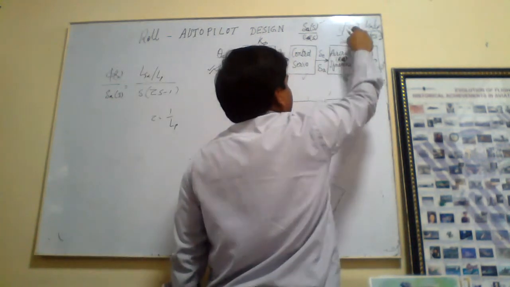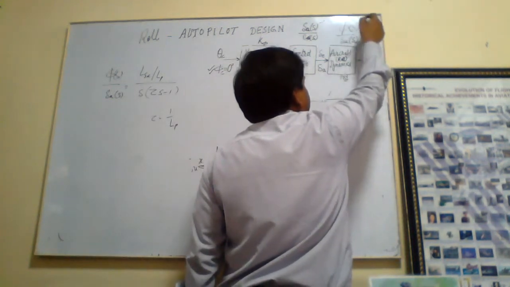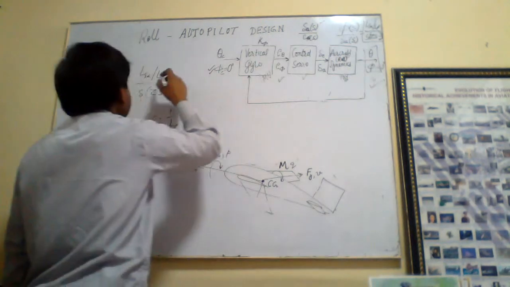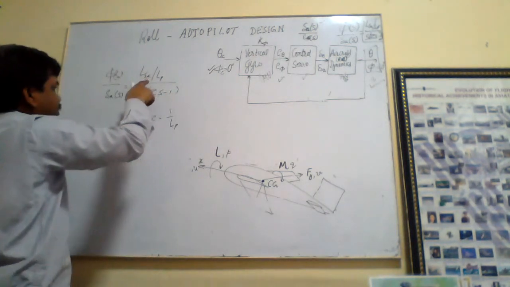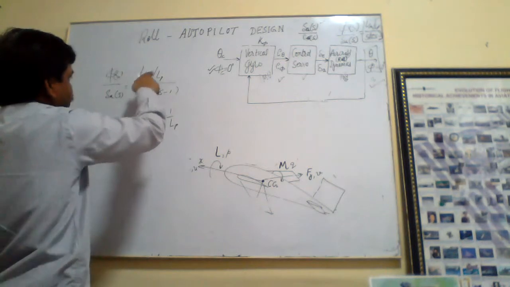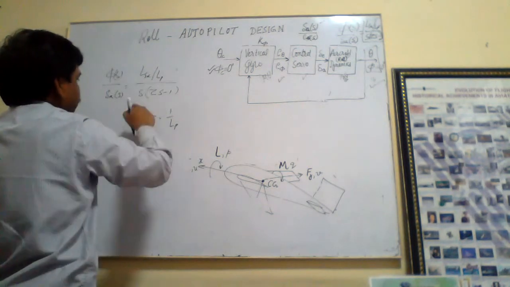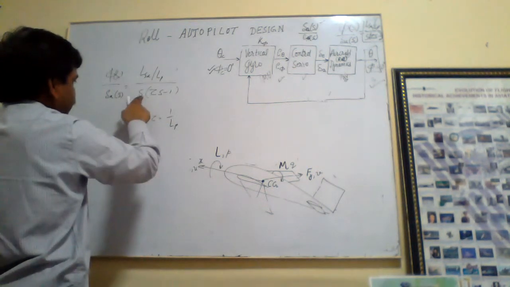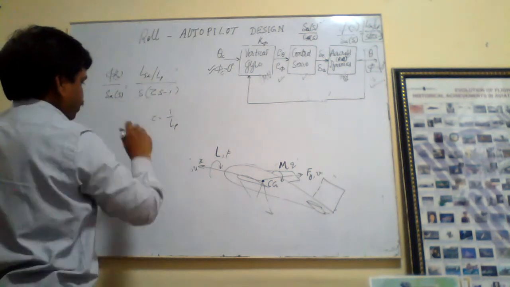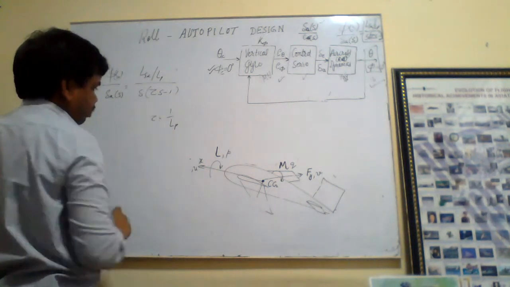So in terms of Laplace transform we have the equation: L del A over Lp in the numerator, and in the denominator s times tau s minus 1, where tau is equal to 1 over Lp.